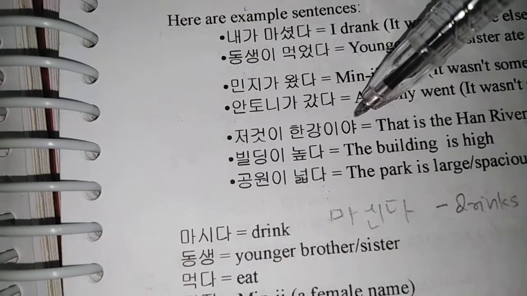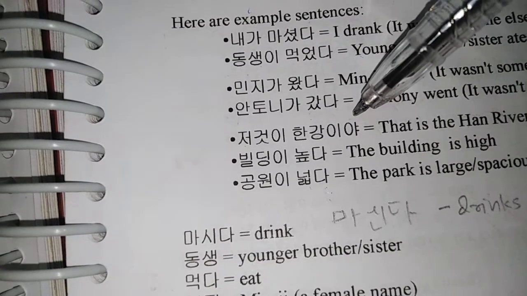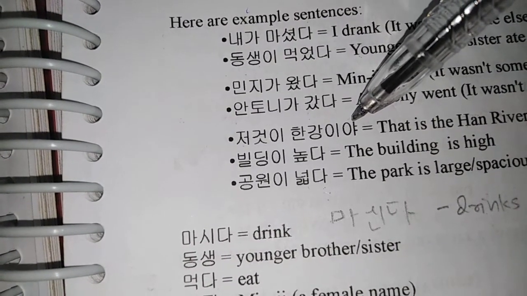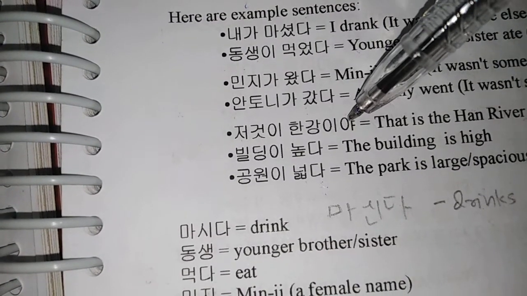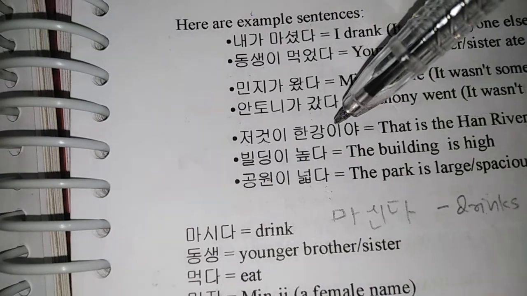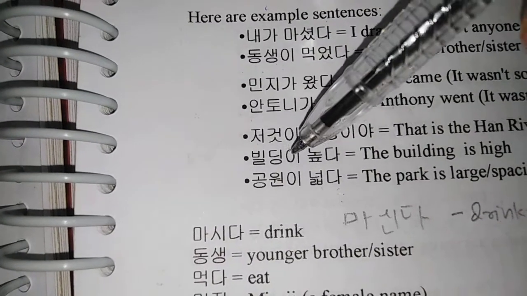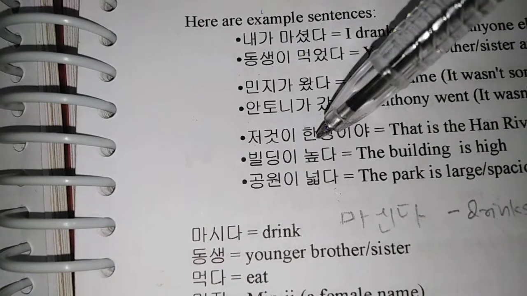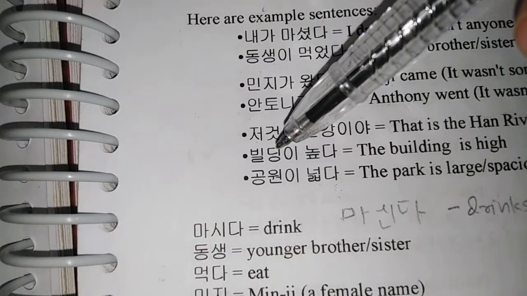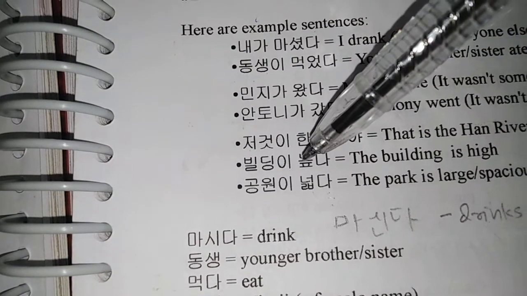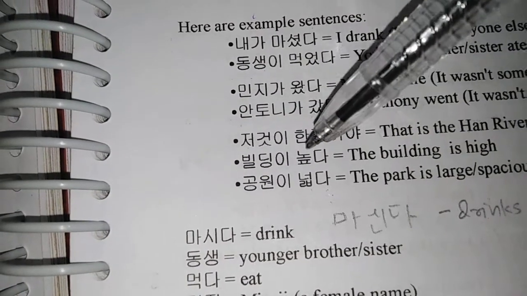So from that, it is very much clear that this is 반말. 반말 means informal speech, and the opposite is 존댓말. I've already talked about this, so I'll not be going into the details. The next one is building이 높다. Building이 높다 literally means the building is high. 높다 means high.